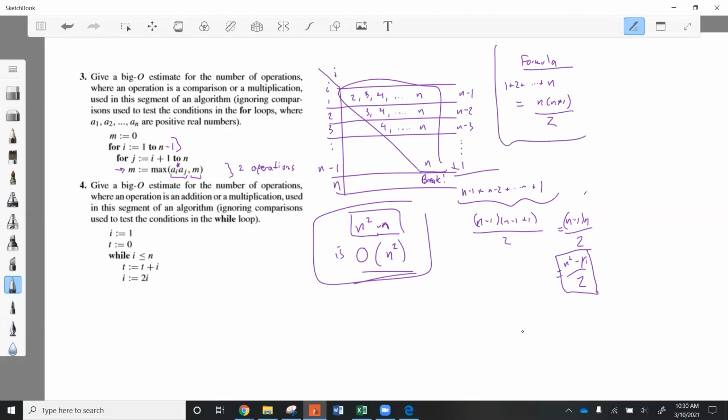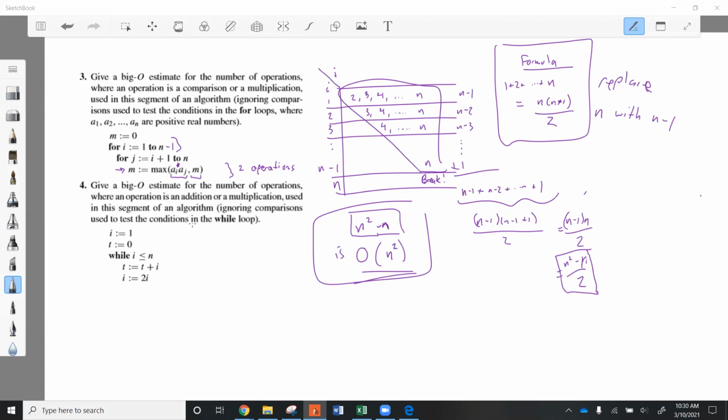Where did this n squared minus n formula come from? It comes from this formula, replacing n with n minus 1. It comes from that because you're just adding up all the number of times that you'd go through the loop.